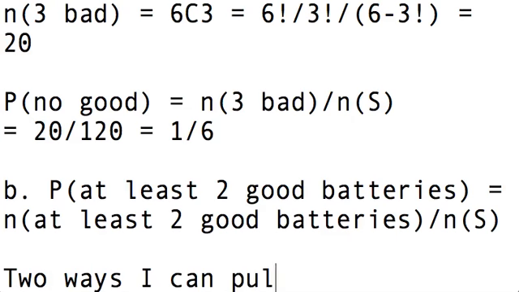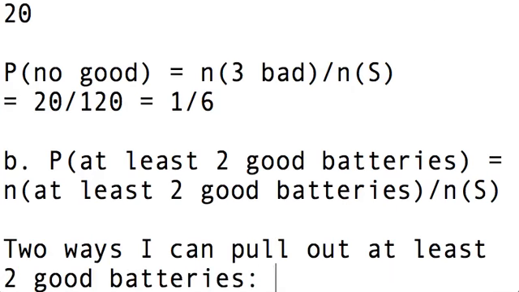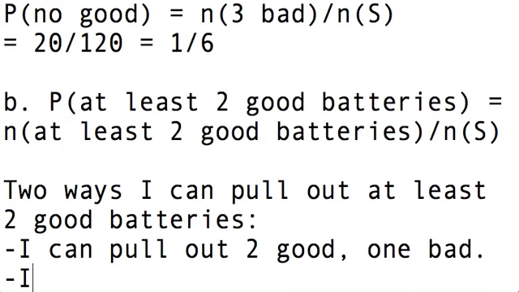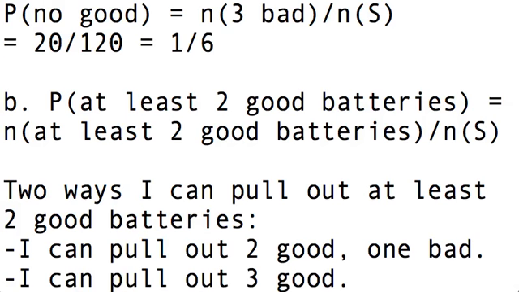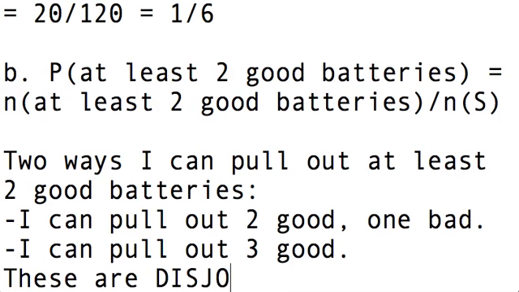I can pull out at least 2 good batteries. I can pull out 2 good and 1 bad, or I can pull out 3 good batteries. So what does that mean? These are disjoint possibilities.